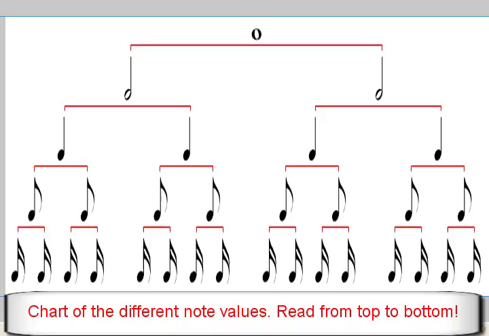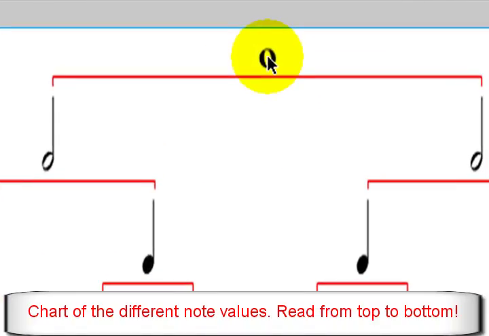Now on this chart, we can see the relationship of all 5 note types we have already discussed. On the top here, we have the whole note. Now the whole note consists of 2 half notes, as we've already discussed.